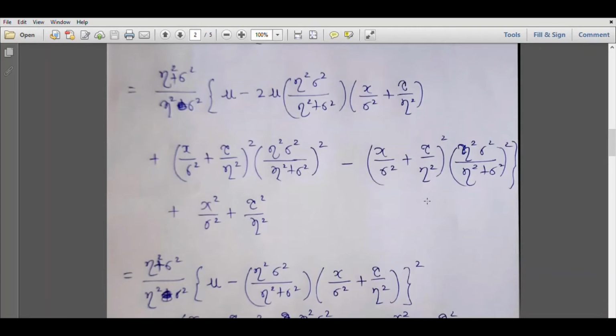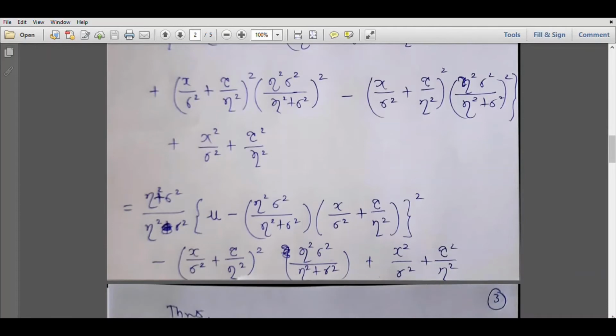So what remains now is this term multiplied by this term and these two terms. So let us bring this term outside. So this eta square plus sigma square whole square, and here eta square plus sigma square upon eta square into sigma square. So outside the bracket we have the same terms reciprocal. So the square will get cancelled and I'll have only this term here as I have written here.